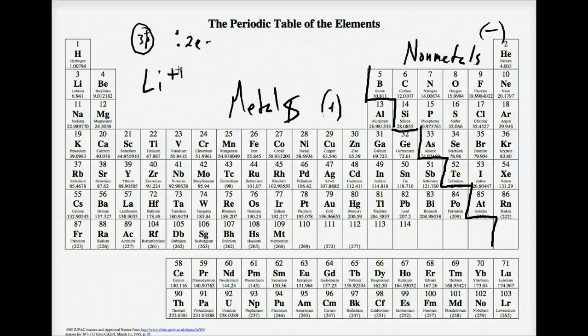The opposite's true over here. If I had F, F has 9 electrons and 9 protons. If I was going to add an additional electron, so 1 extra electron goes into the mix, now what do I have?